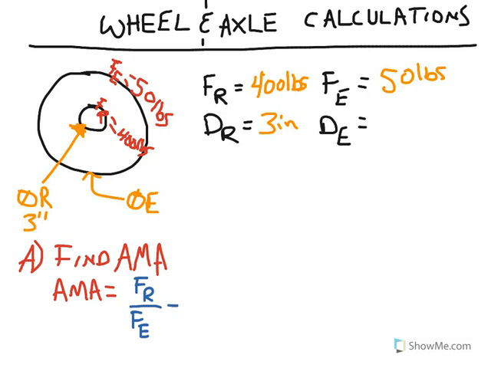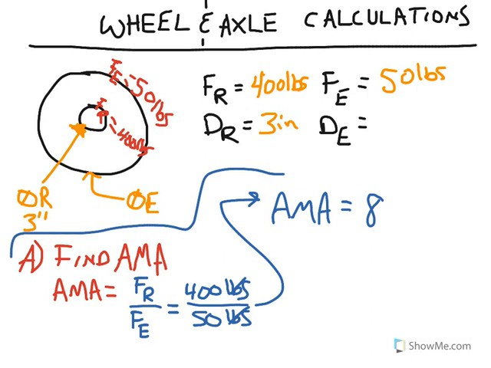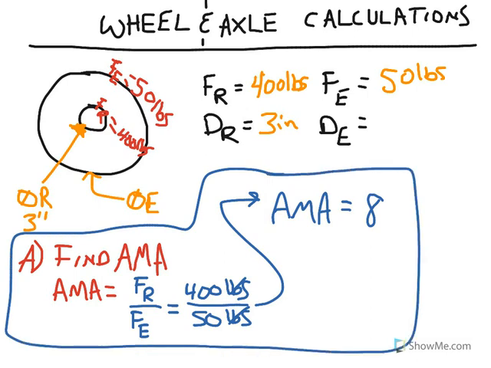In this case, the force of the resistance is 400 pounds. Force of the effort is 50 pounds. Pounds cancel. And we're left with actual mechanical advantage is equal to 400 divided by 50, which is like 40 divided by 5, which is 8. Actual mechanical advantage of this system is 8 to 1.